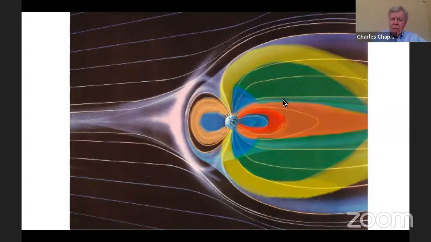And what we've got to try to measure is the motion of all the ions and electrons which create this, and whose presence actually contributes substantially to the reconnection that takes place in the plasma sheet.